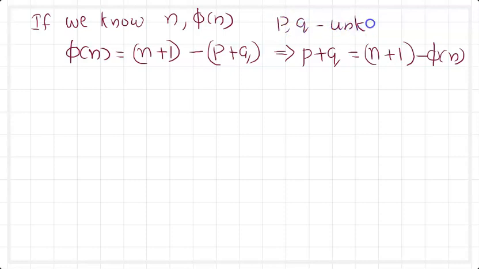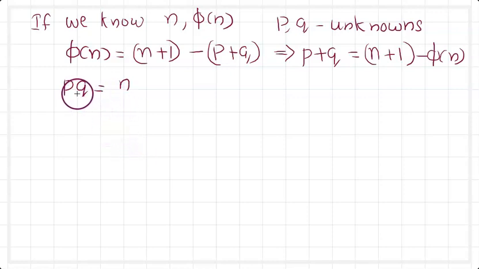We need to find the values of p and q. So now we have the sum of p and q. We already know the product of p and q. What is it? P and q, when multiplied together, we will get n, since it is our assumption that n is the product of the two distinct primes p and q.